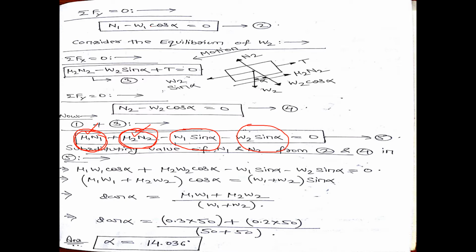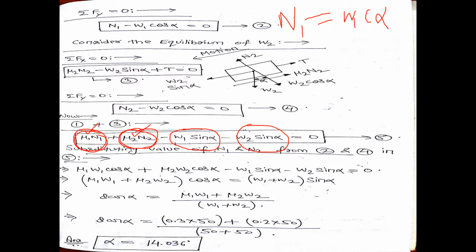Fine. So for that we have equation number 2, where N1 is equal to W1 cos alpha. In place of N1, I replace W1 cos alpha, and from equation number 4, in place of N2, I replace W2 cos alpha. Then your entire equation 5 will be in terms of alpha, and you can easily find out the value of alpha.